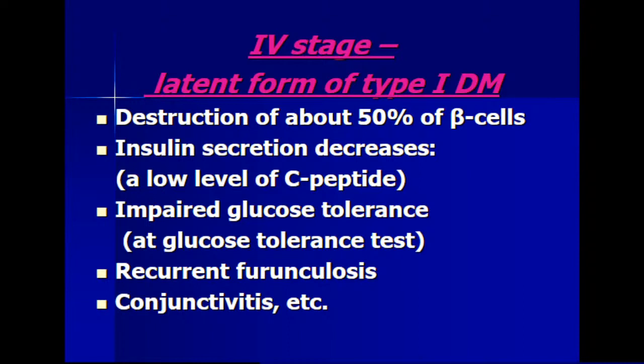This stage, destruction of about 50% of beta cells, insulin secretion decreases, we see a lower level of C-peptide, impaired glucose tolerance at glucose tolerance test, recurrent furunculosis, conjunctivitis, and other disease may appear.